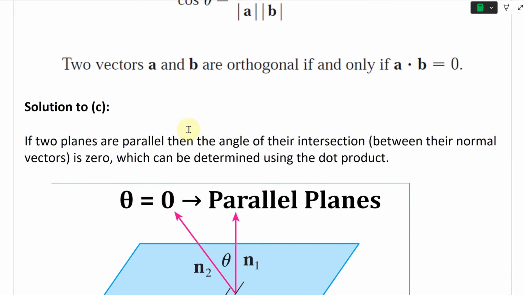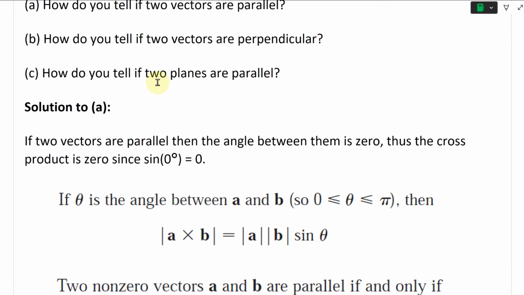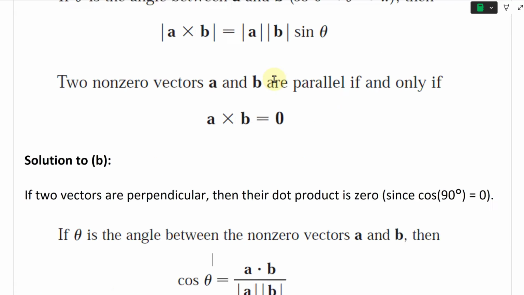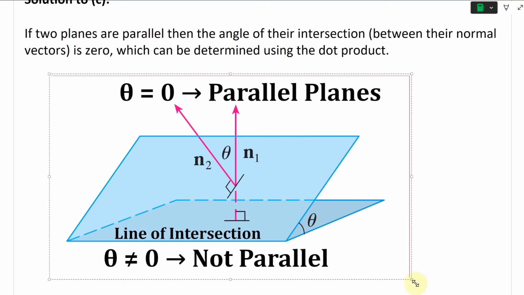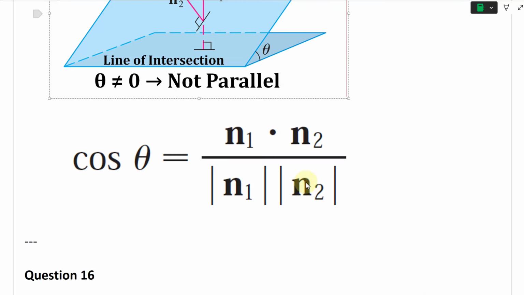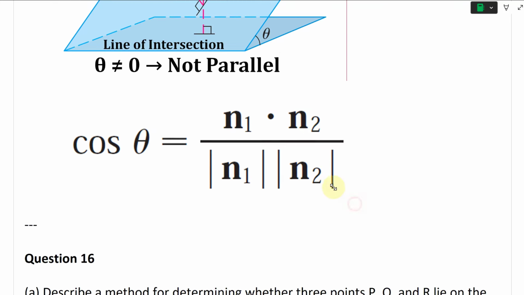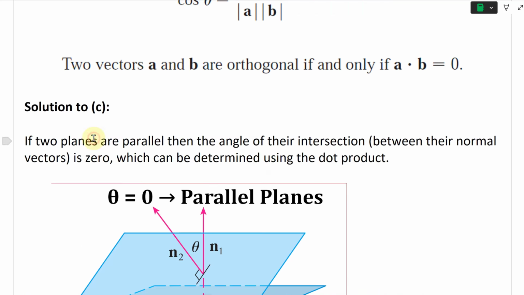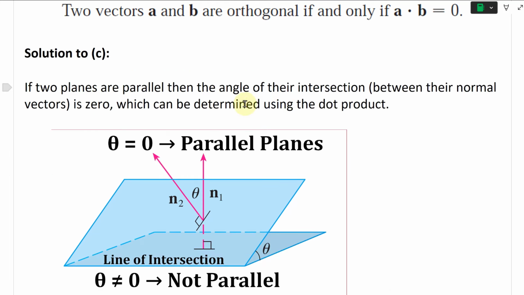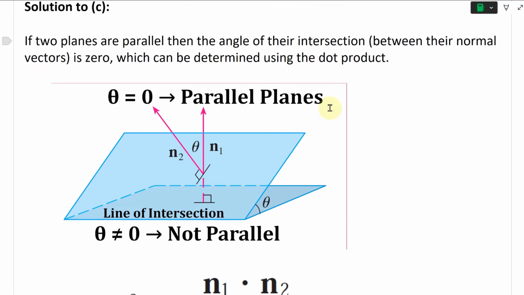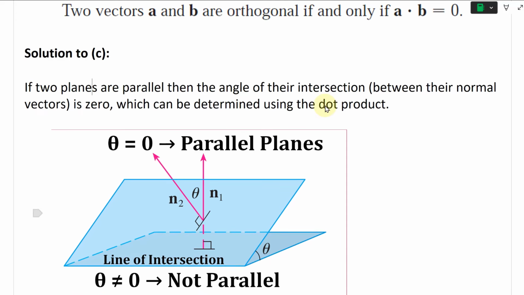So the solution to C. We're asked, how do you tell if two planes are parallel? That's interesting. And this was again from my earlier video. All this is from earlier videos. If two planes are parallel, then the angle between their normal vectors is 0, which can be determined using the dot product. So again, this is another play on the dot product.